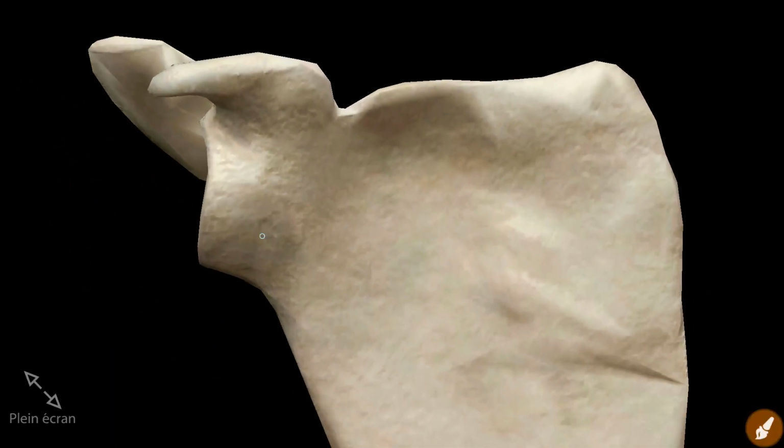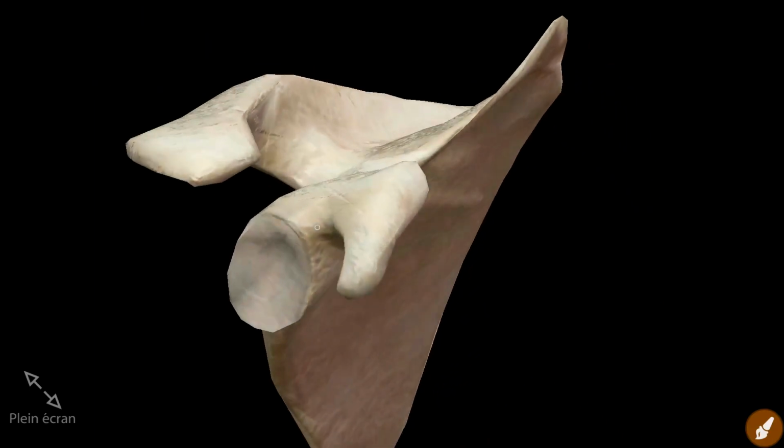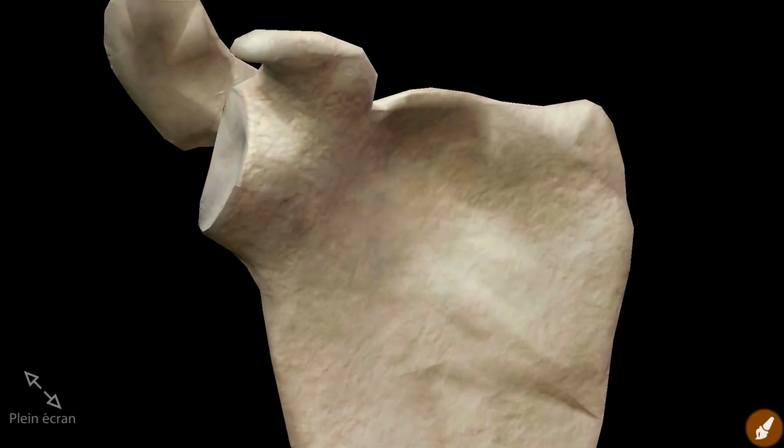This region is called the neck of the scapula. It is thick and limited by the infra and supraglenoid tubercles. And as we said before, the importance of the infraglenoid tubercle is that it anchors the long head of the triceps muscle.